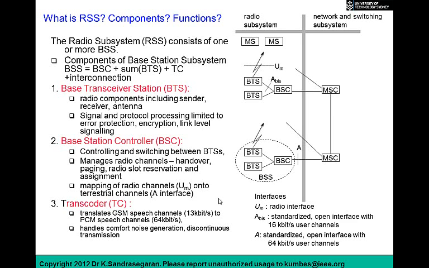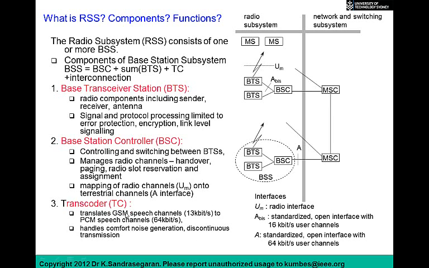And then this is transmitted across the interface, and once the information gets to the transcoder, it has to be decompressed back to 64 kilobits per second before it's transmitted to the MSC, because the MSC only works at 64 kilobits per second. Similarly, the data that is going on the downlink has to be compressed by the transcoder and then decompressed at the mobile end.